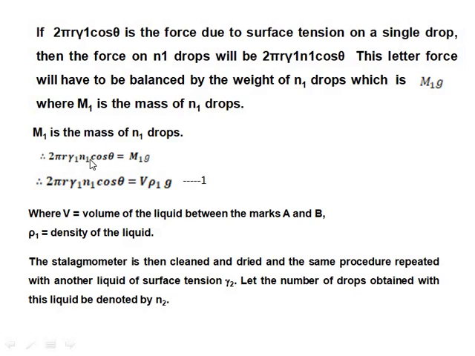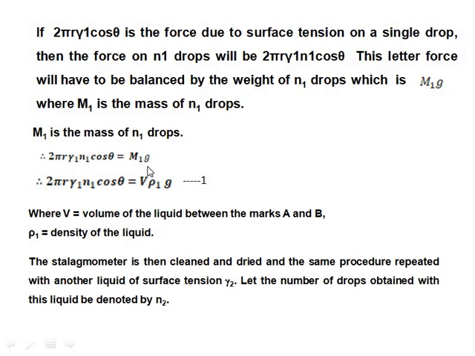Therefore, M1 g is equal to 2 pi r gamma 1 N1 cos theta, which equals V rho 1 g.